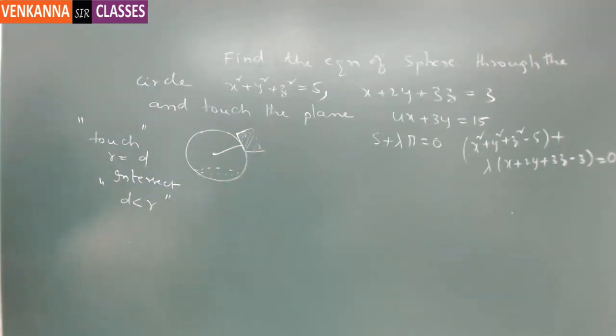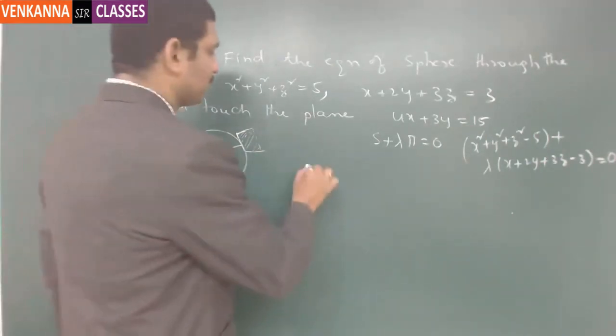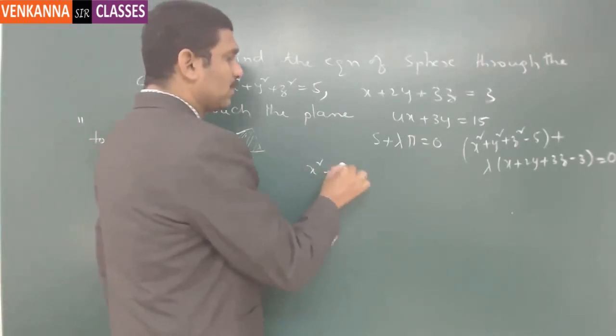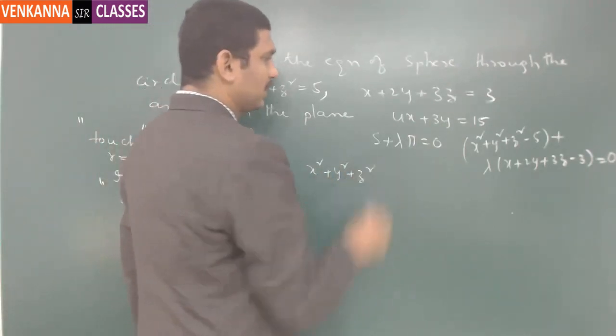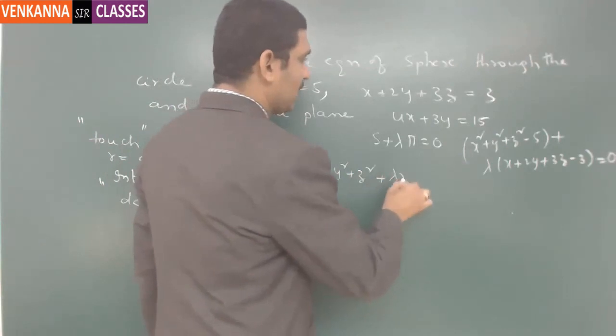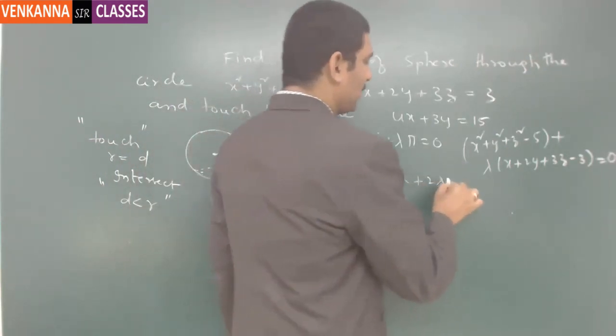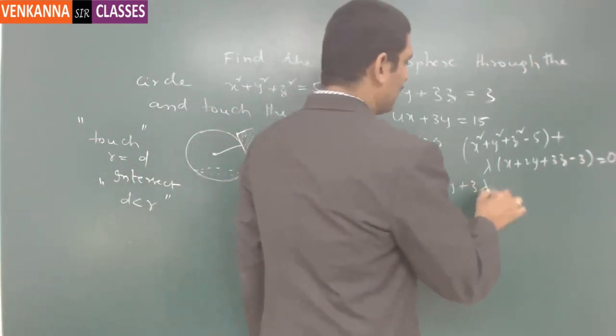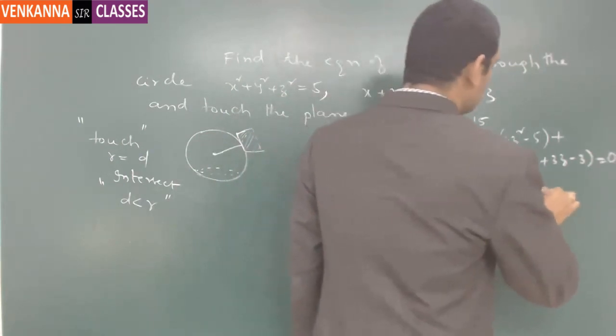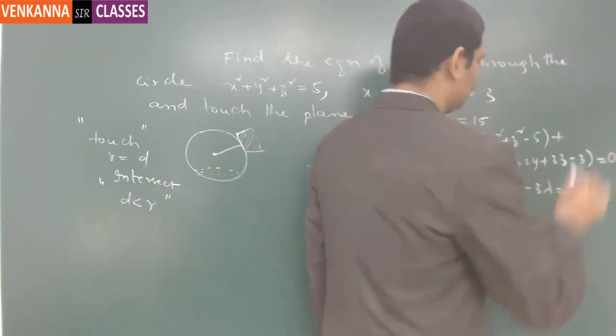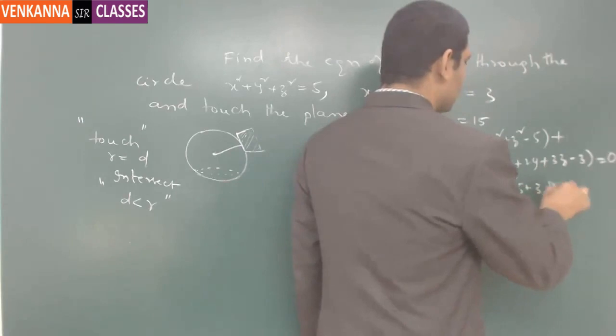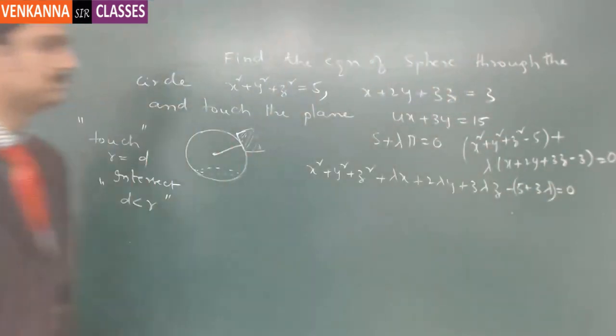If you simplify the terms, it will come as x square plus y square plus z square plus lambda x plus 2 lambda y plus 3 lambda z minus 5 minus 3 lambda equal to 0, or you can say minus of 5 plus 3 lambda equal to 0.